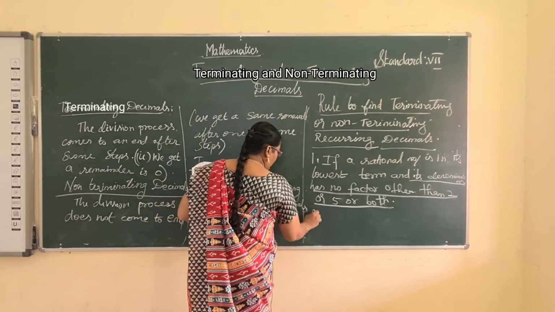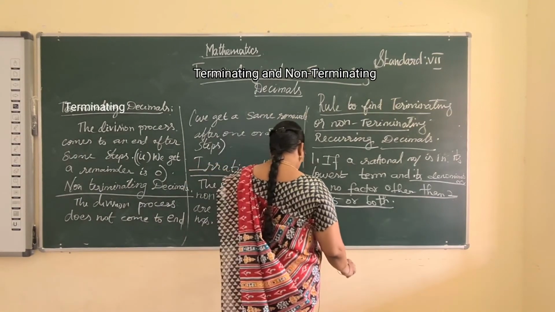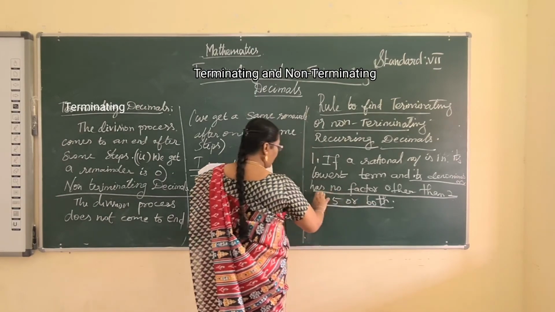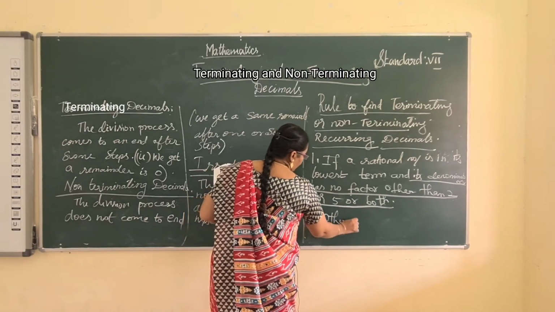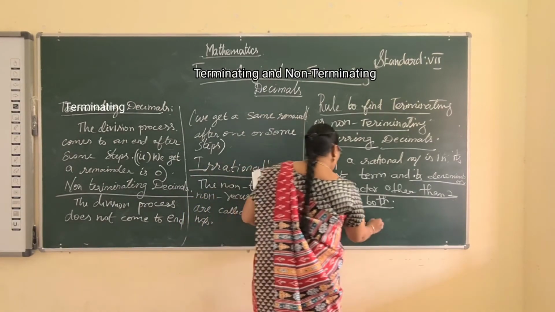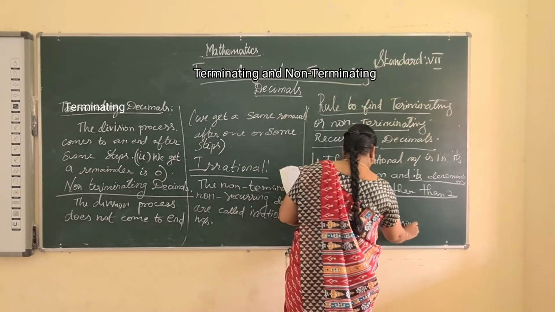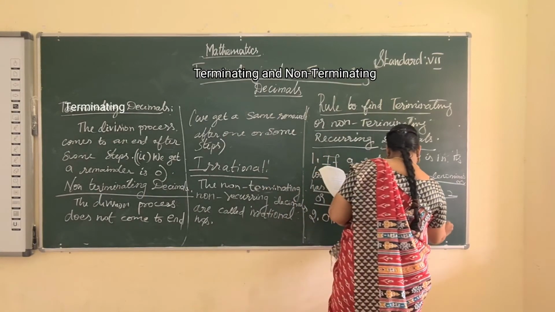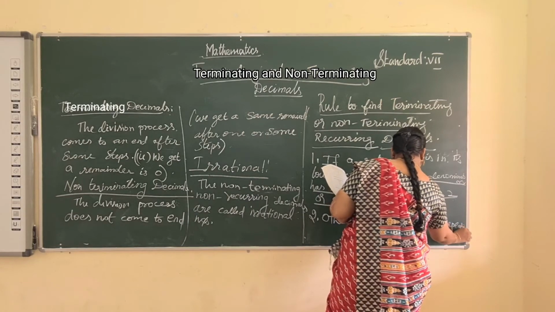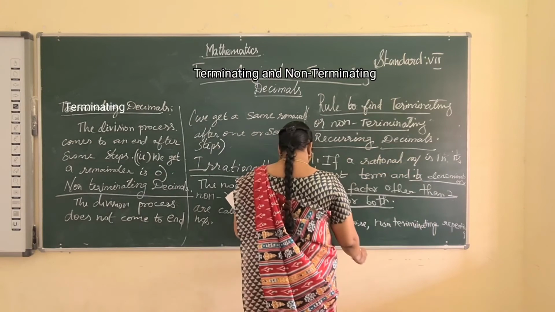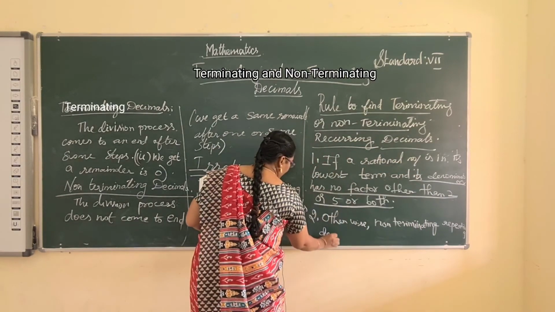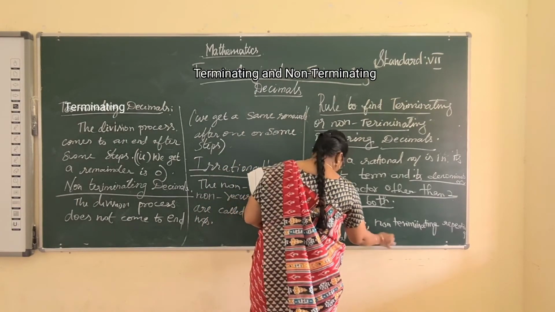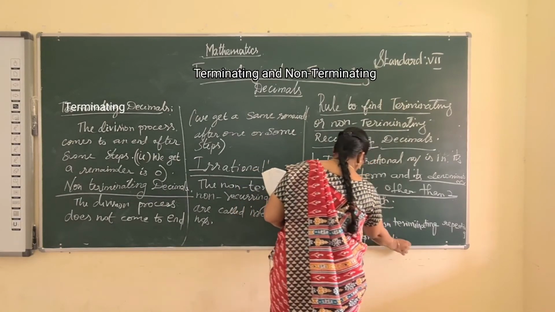And next one, non-terminating. How to identify? Otherwise, it has a non-terminating repeating decimal representation.